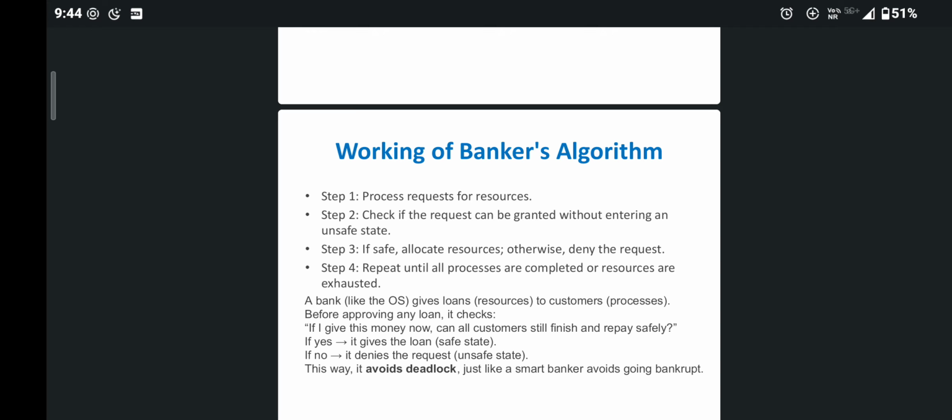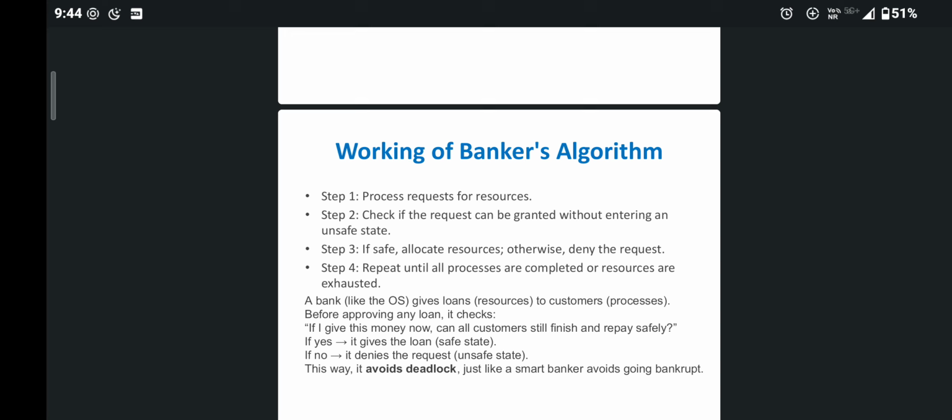Then step 3, if allocation of resources is safe, allocate; otherwise deny the resource. Only if the allocation is safe can you go ahead, otherwise the request is denied. Repeat until all processes are completed or resources are exhausted.